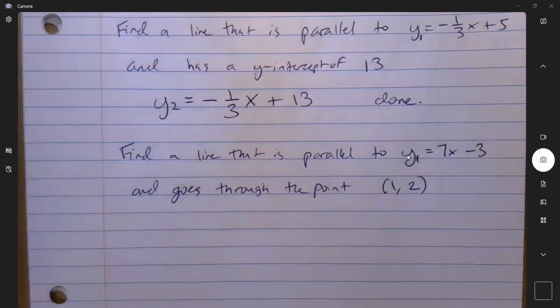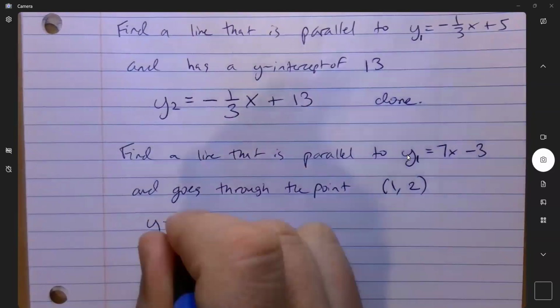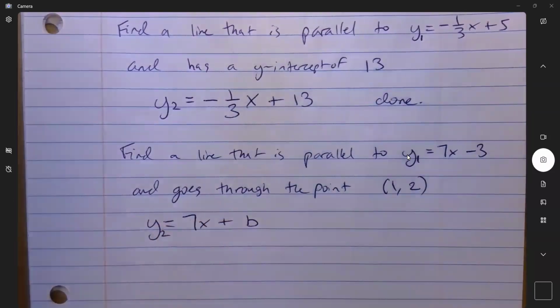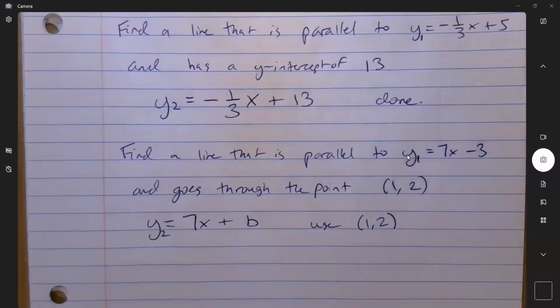So now I'm not telling you the y-intercept, but that's okay because we could find the y-intercept. I know the slope has to be the same, and I don't know the y-intercept yet, but I'll use my point (1, 2) to help me.